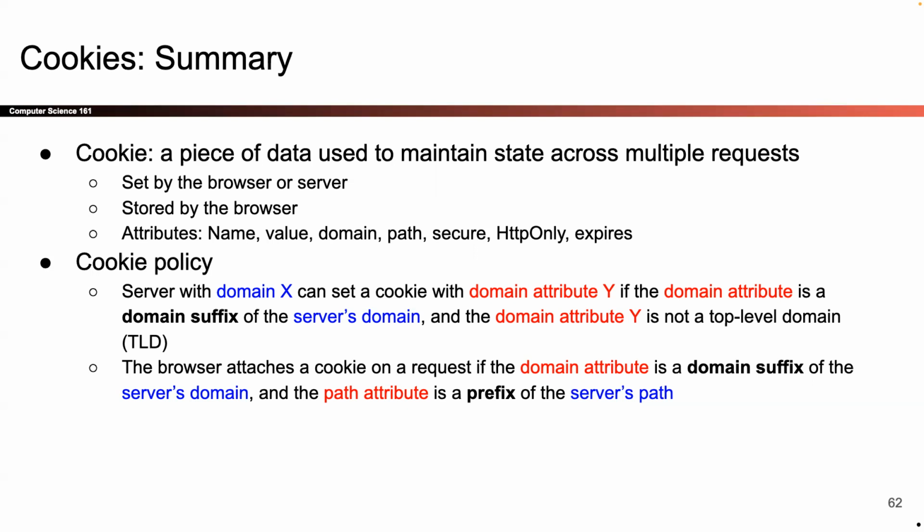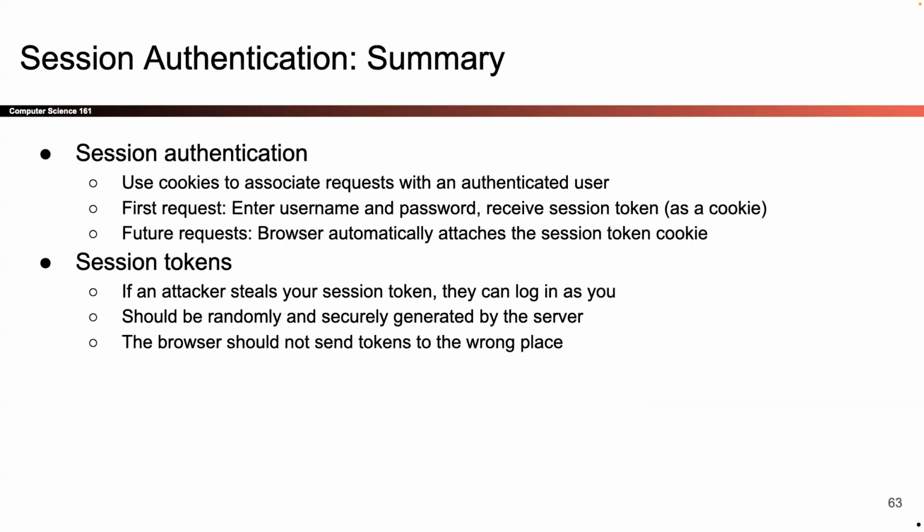That would be bad. And similarly, I only want to attach relevant cookies. I don't want to send my google.com session token, top secret, to evil.com. So the cookie policy restricts what cookies I accept. I don't want to accept evil.com sending me unrelated stuff. And I don't want to send unrelated stuff. If I'm making a request to google.com, I'd better only send the cookies that are relevant to my current request.